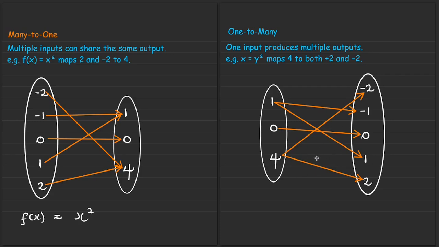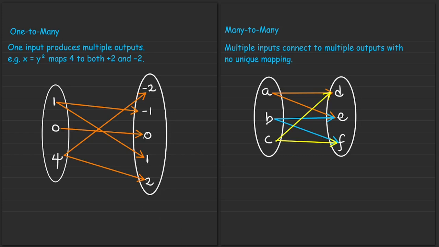The last one, after which we solve some examples. For our last one, which is the many-to-many mapping, we say that we have multiple inputs connected to multiple outputs with no unique mapping. If you look at what we have here, many of these elements are mapped to many of the elements here, and many of these elements are being mapped by many of the elements here.